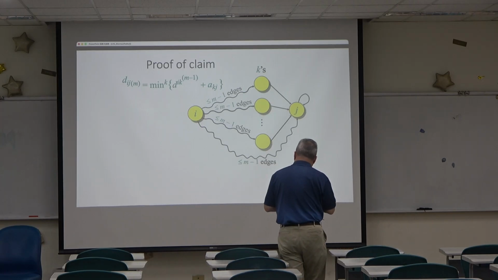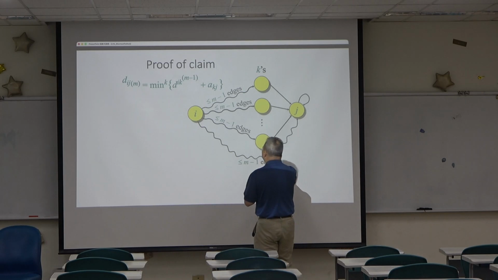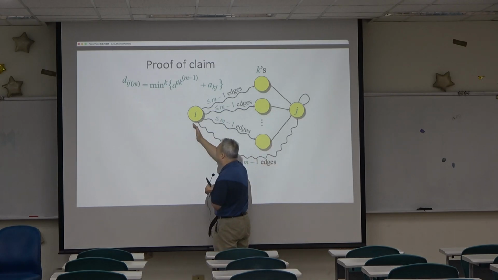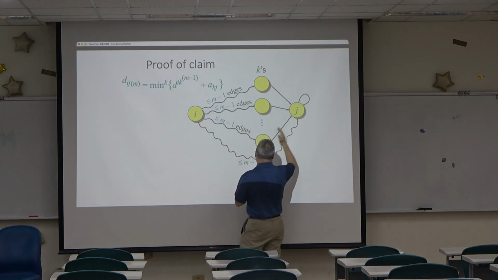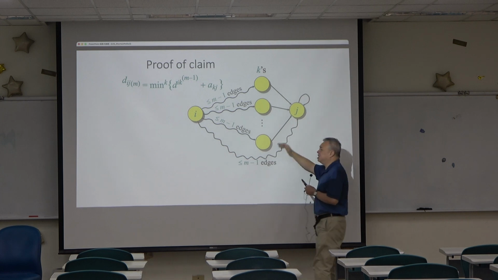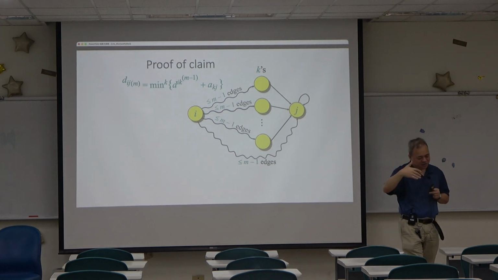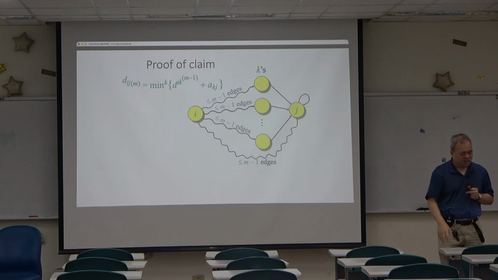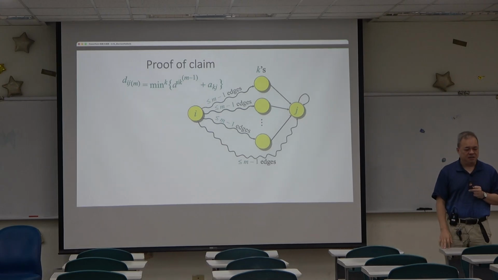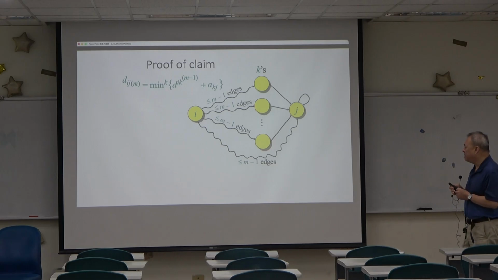The previous n minus 1 edges are here, and the last hop is indicated here. Obviously, you have many choices, and the one that has the lowest path weight will be the best, the minimum path, the shortest path.